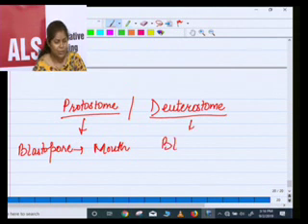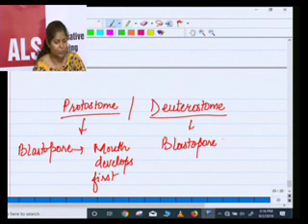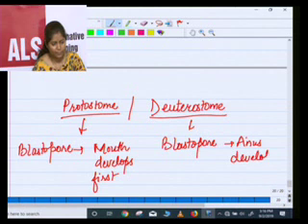But if the blastopore develops into anus first, it's said to be deuterostome.